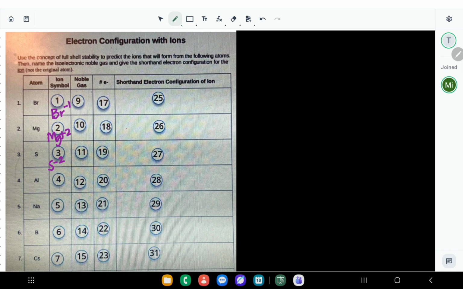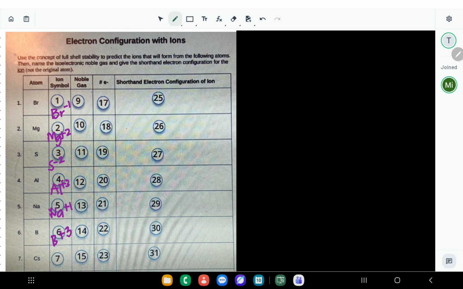Then aluminum. What is the charge of aluminum? Aluminum is a cation, so aluminum +3. Then sodium. What is the charge of sodium? +1. Then boron, +3.